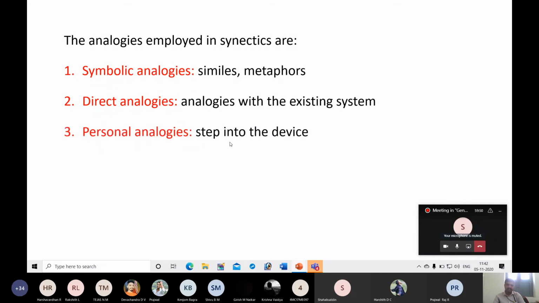Personal analogies: step into the device. That means if you consider the problem as someone else's, you don't take the problem seriously. In the case of personal analogy, you assume that the problem is your own problem. If you consider the problem as your own, then you take it seriously and you may come up with a few solutions.